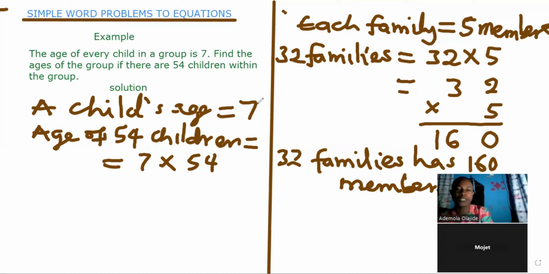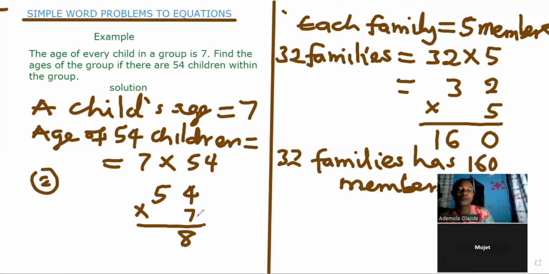And for you to multiply it, you can bring 54 up and put 7 under it, so you multiply. 7 times 4, 28. You write 8. You keep 2 somewhere.